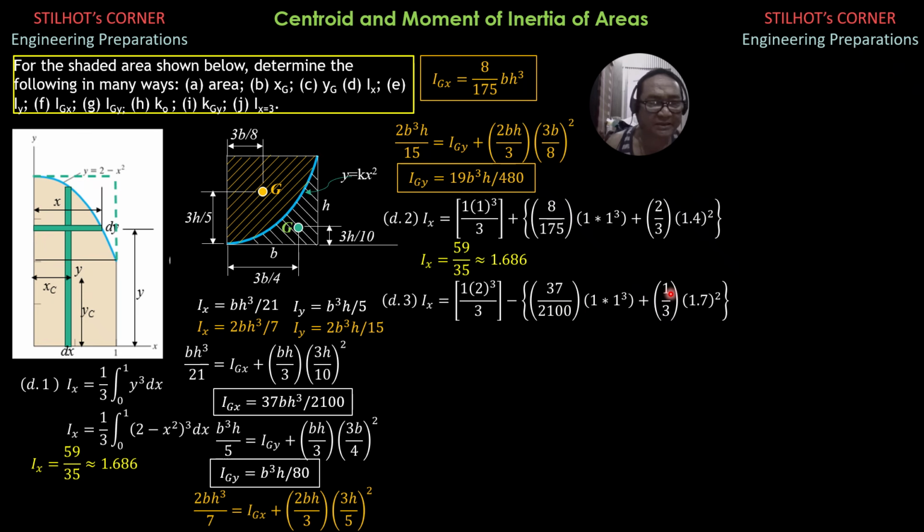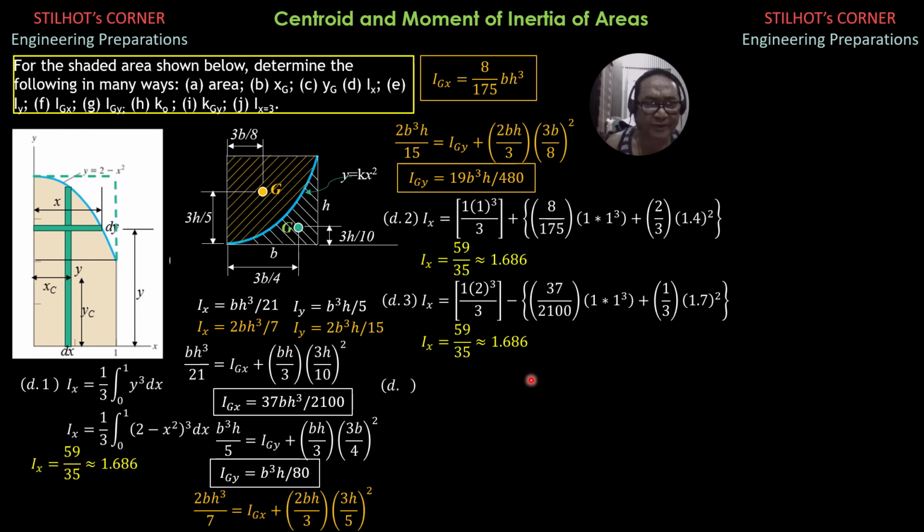The distance of the centroidal x-axis of the spandrel is 3/10 or 0.3, so its distance from the x-axis is 2 minus 0.3, which is 1.7, then squared. Solving for Ix, it is 59 over 35 or approximately 1.686.